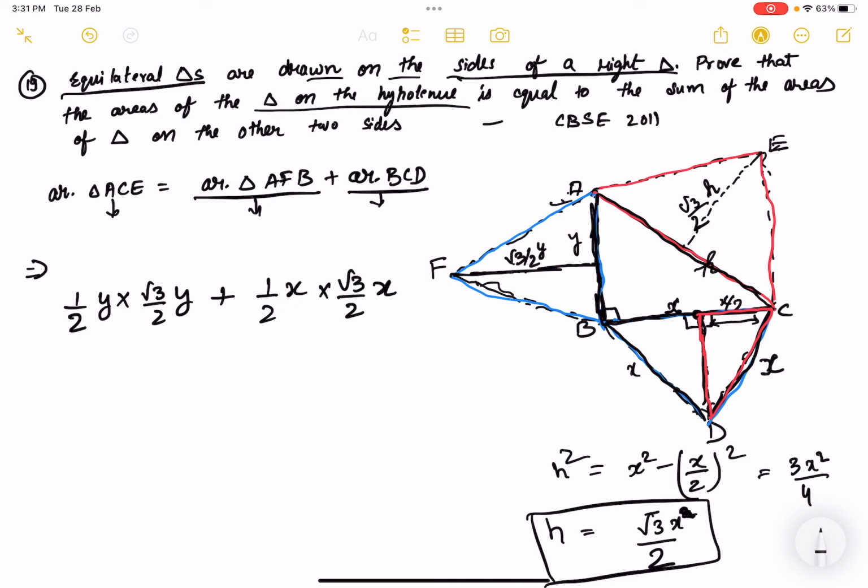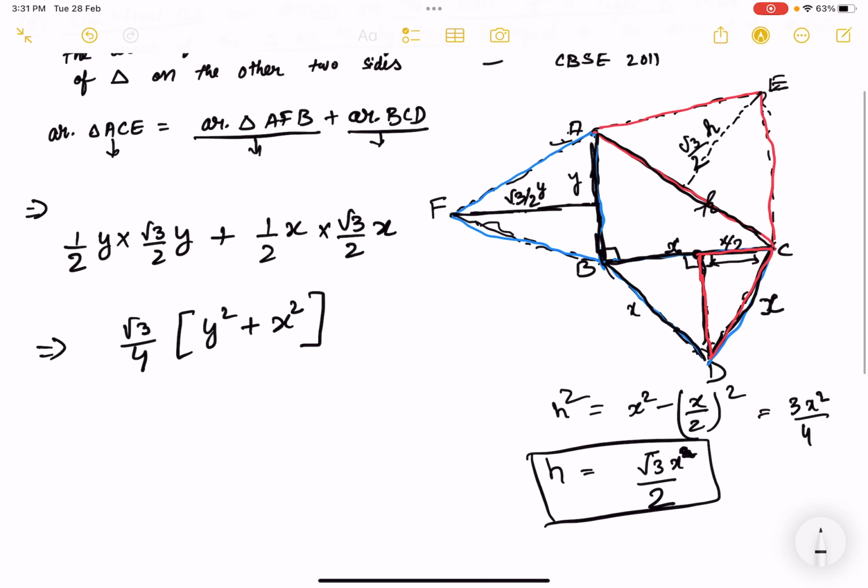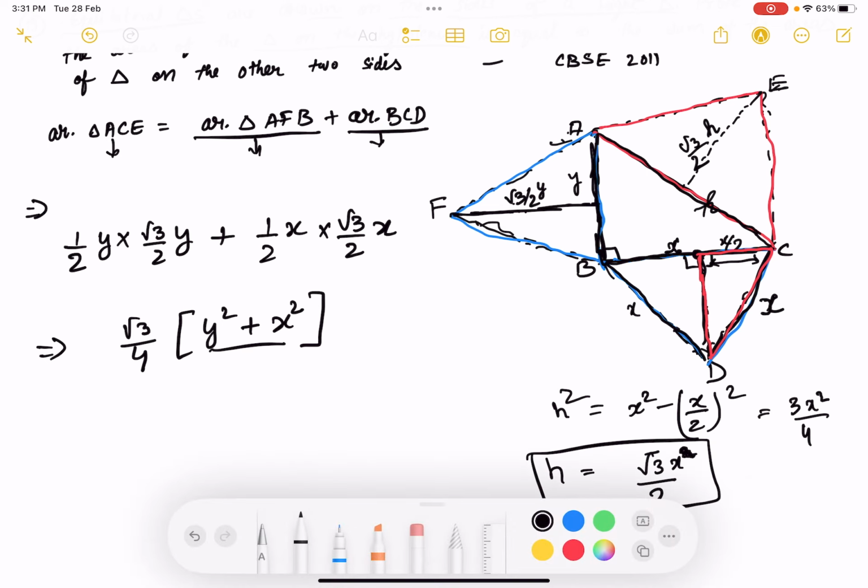So let's add this. What can we take common? We can take root 3 by 4 as common. We are left with y square plus x square. And what is y square plus x square? We are given that the whole triangle ABC is a right angle triangle.